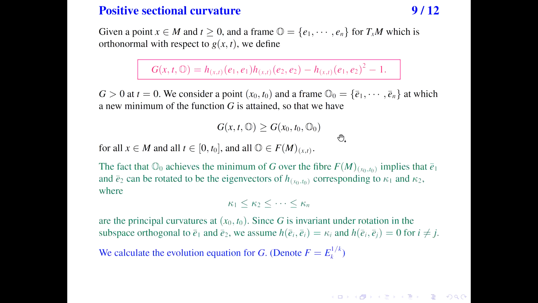By the minimum condition, we see that the first two directions e_1 bar and e_2 bar of the frame O_0 are just the principal directions corresponding to the smallest two principal curvatures, kappa_1 and kappa_2, at the point x_0 and t_0. Then we need to calculate the evolution equation of the function G. For the calculation, we denote F by E_k to the power 1 over k.